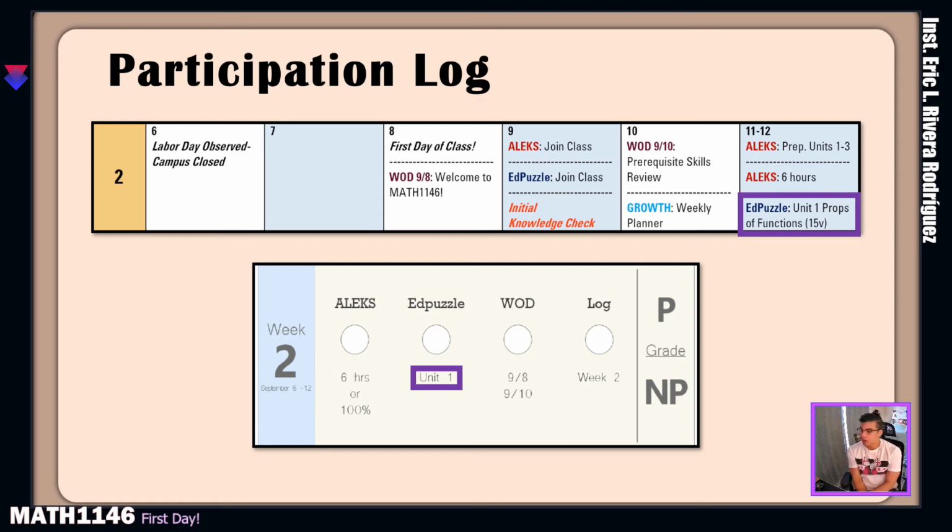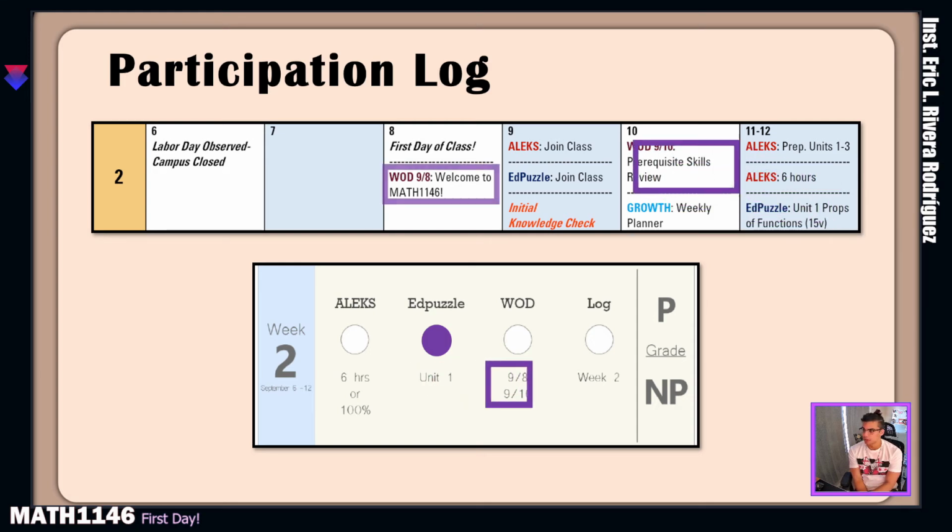So if you completed that on time, that means that you have met one of the components of the participation requirements, which is watching the expository videos on time. Then you can see that we had 2 worksheet of the day assignments this week.